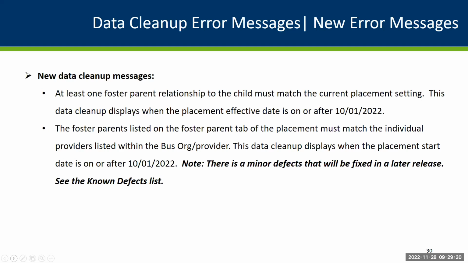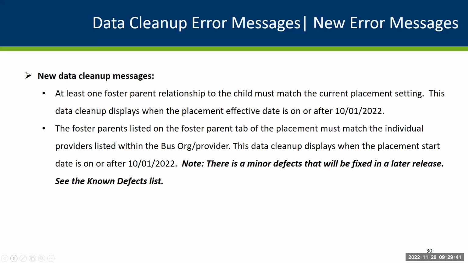The most obvious is the data cleanup will show no matter the placement start date. So we're stressing the October 1st, 2022. So you'll still see the error message for placements that started prior to this.